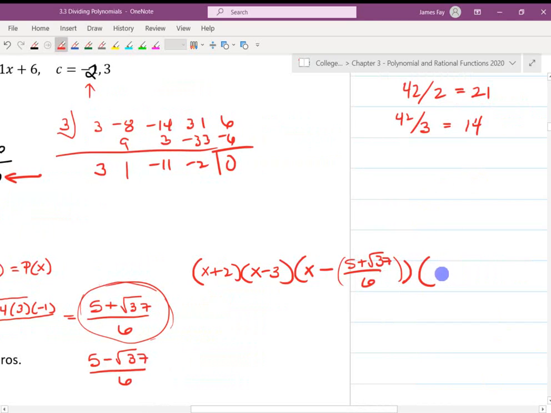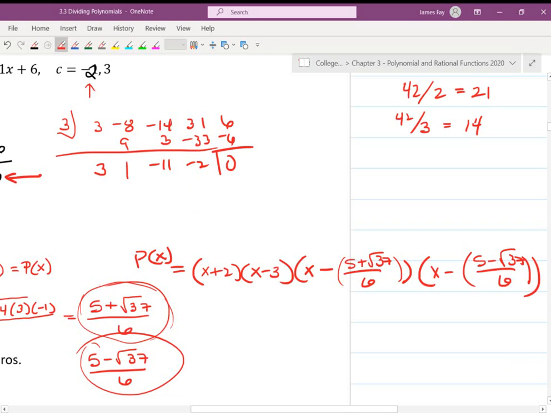And then we'll go x minus that c. So I'll put that in parentheses, 5 minus root 37 over 6. And that is what we call the complete factorization of our original polynomial.